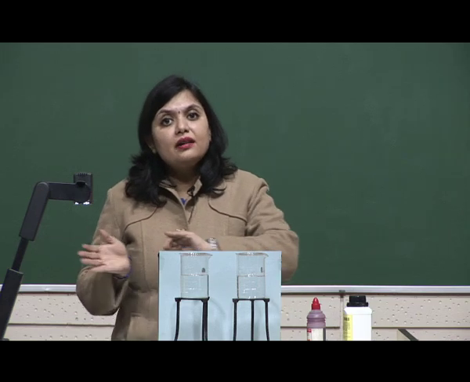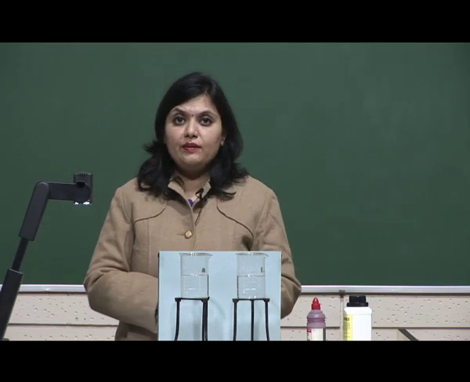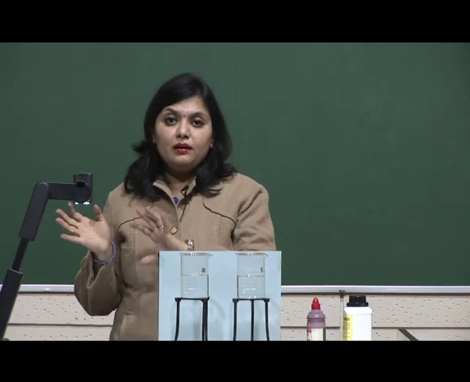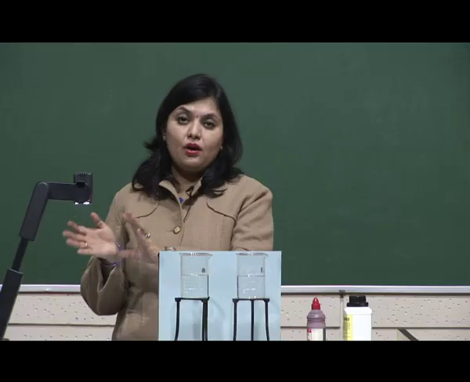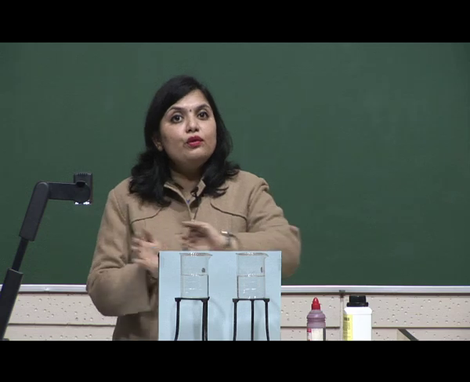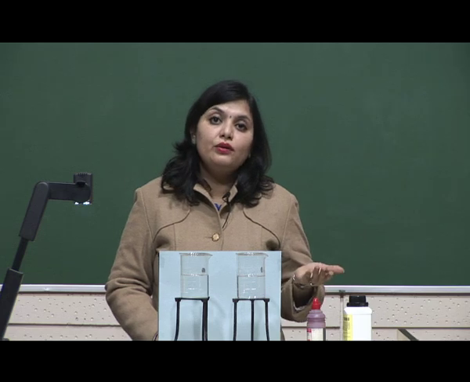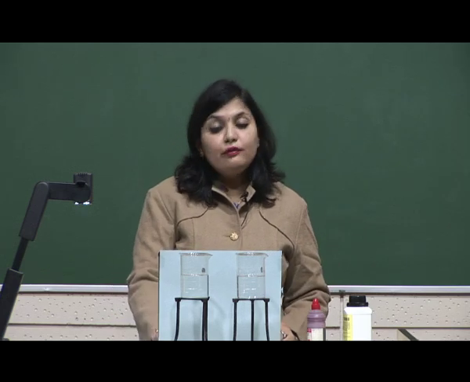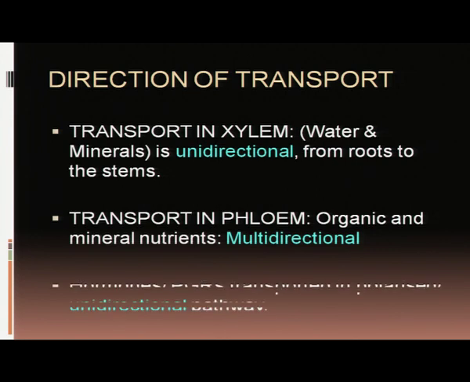Rather, they are transported to other parts of the body. So, the mineral nutrients that were stored in the organ which is to be dead will be removed from its sap, and now the transport will be in the other direction. So, phloem transport is always multidirectional.